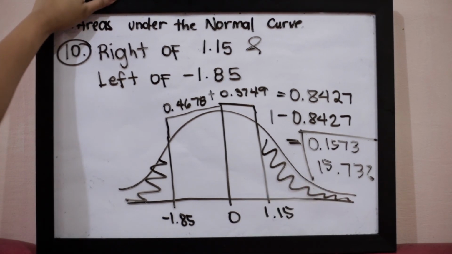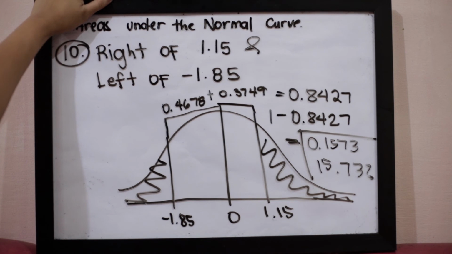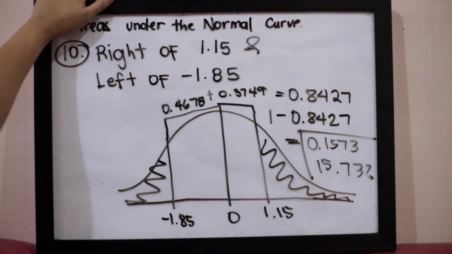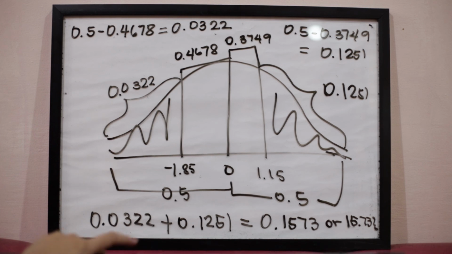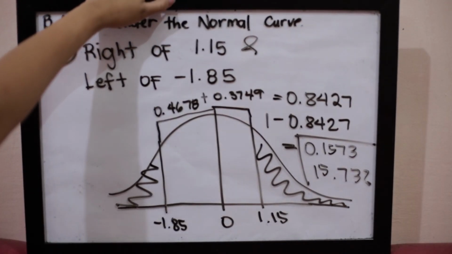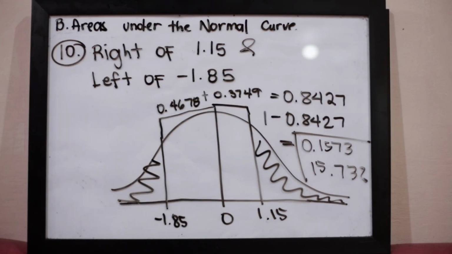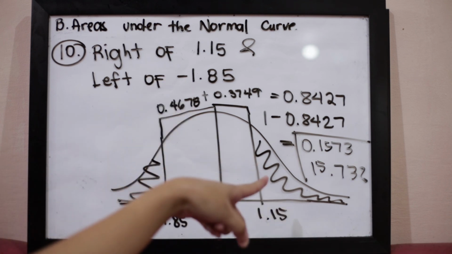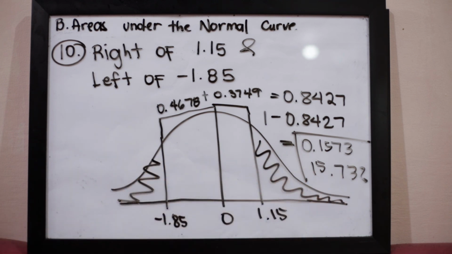So, if you ask me, ma'am, which way is easier? I don't know. It depends on you, whichever you find easier to analyze. But either way, I showed that you will still come up with the same numerical value. The first is simpler since it has fewer steps: you add and then subtract everything from 1 because we include the whole normal distribution.